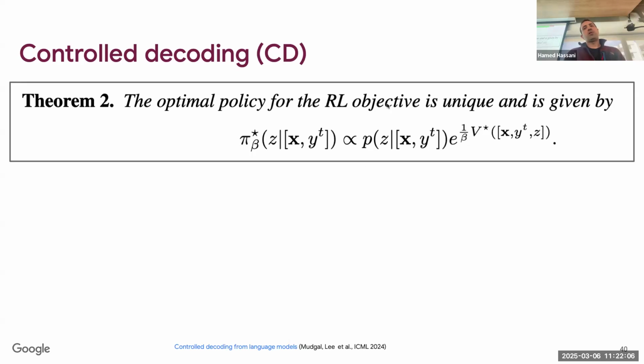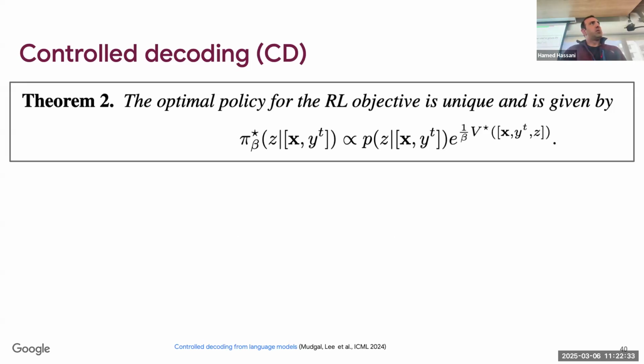The optimal policy is going to be the reference model, now exponentially tilted with the value function. Now this value function, if you're following this literature, you may have heard of process rewards, which is nothing but the value function rebranded. I think in the research community, we like to rebrand all things as new shiny objects.